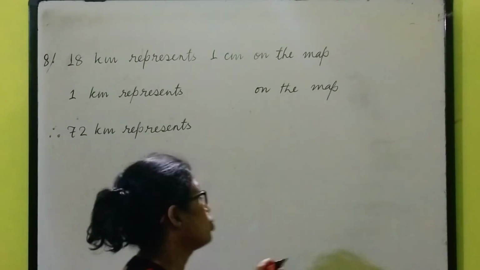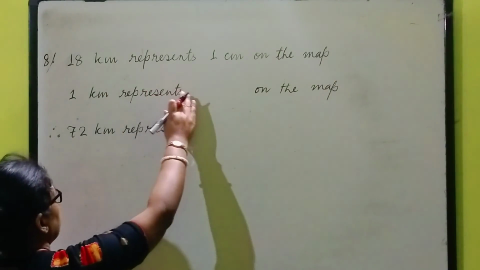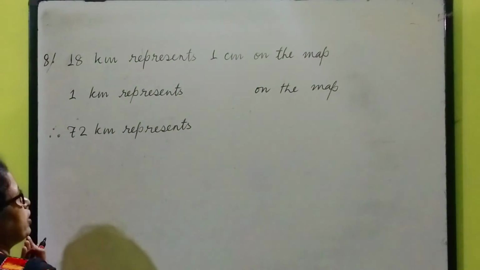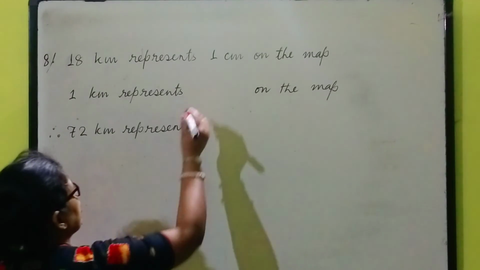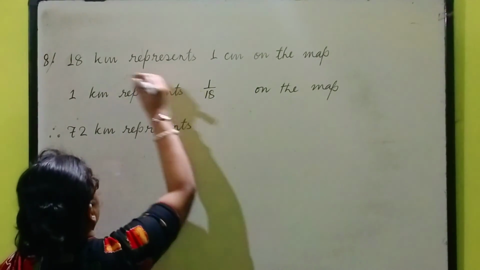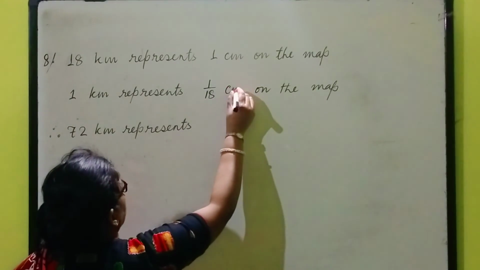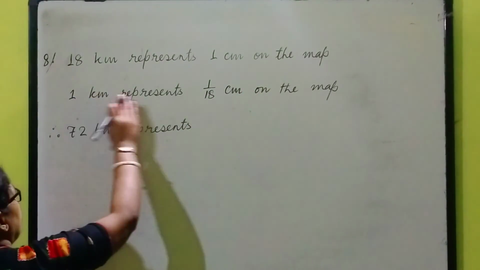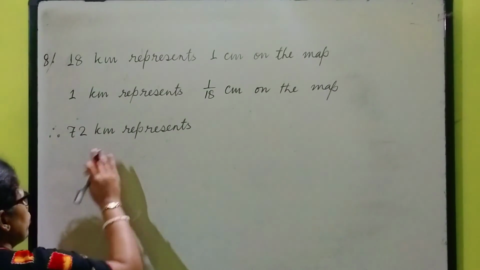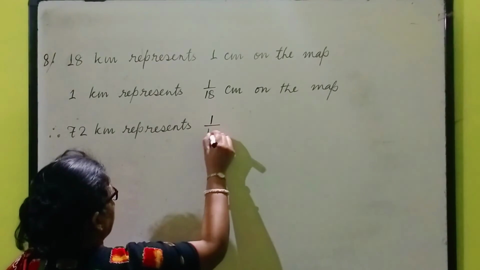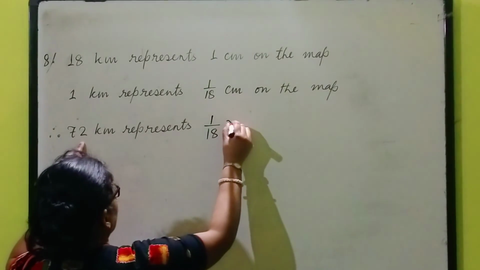Am I right? So here 18 km represents 1 centimeter on the map. So 1 km represents less. Am I right? Less means what? Division. 1 by 18. 1 is here. Divided by 18 centimeter on the map. Therefore, 72 km. 1 km represents this. 72 km will represent more. So 1 by 18 is already there.